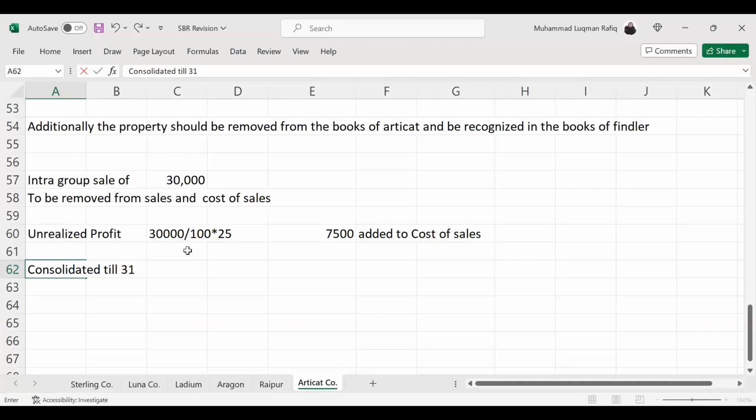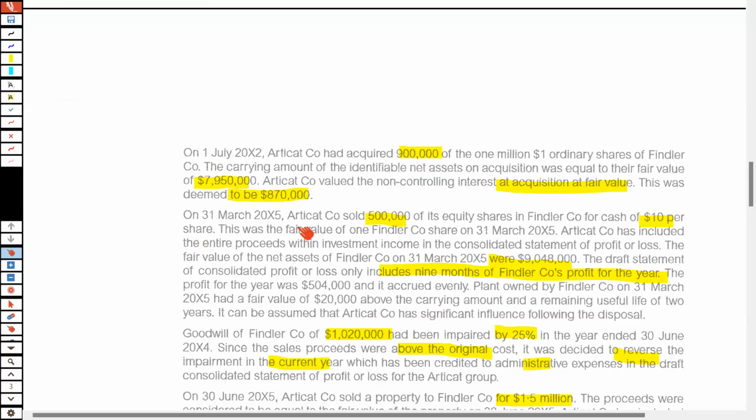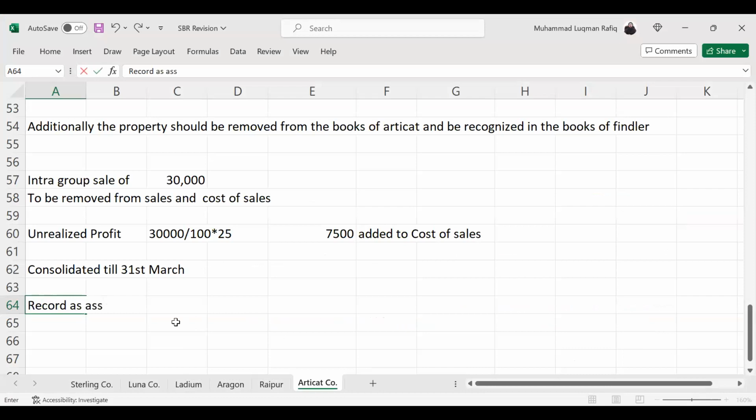Consolidate till 31st March. Record as associate post acquisition.